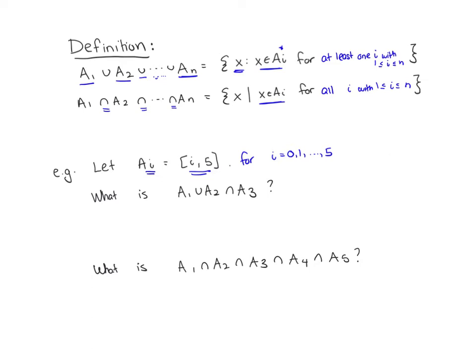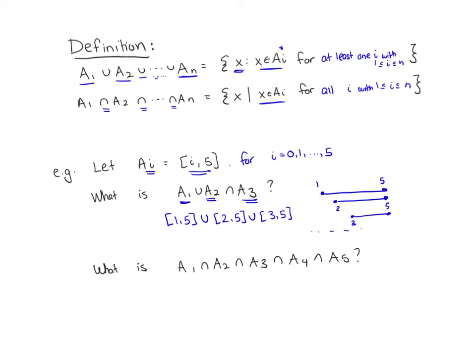And then I can say, okay, what is the union of A1, A2, and A3? So I can write this out. A1 is just going to be the interval from 1 to 5. I'm unioning that with the interval from 2 to 5, and then unioning that with the interval from 3 to 5.